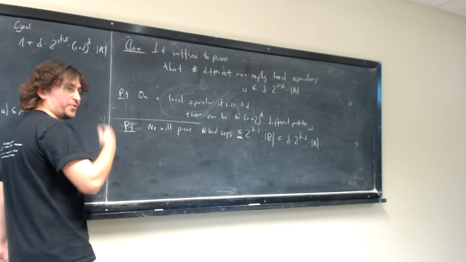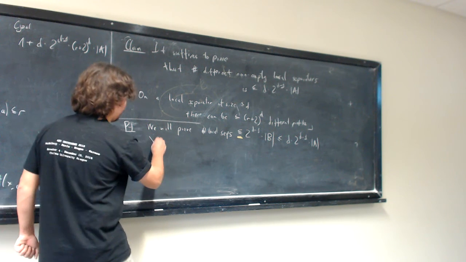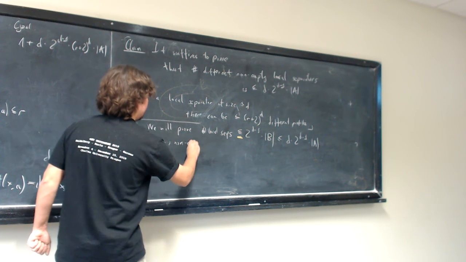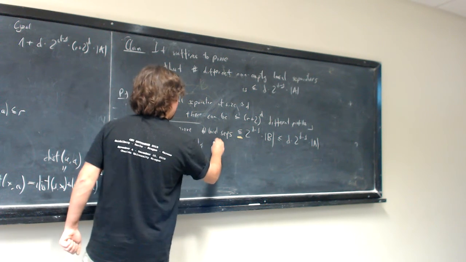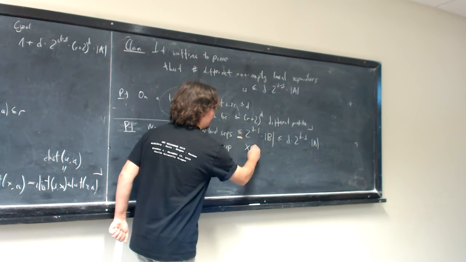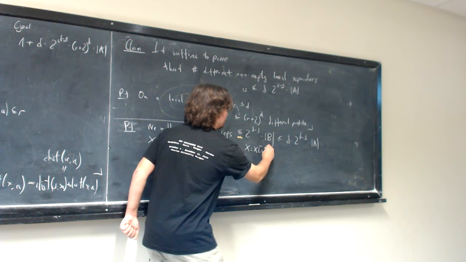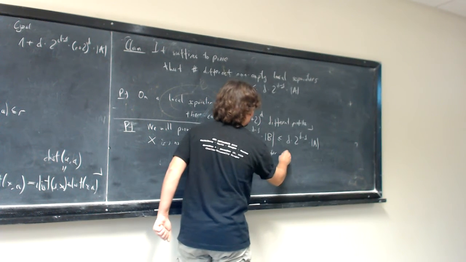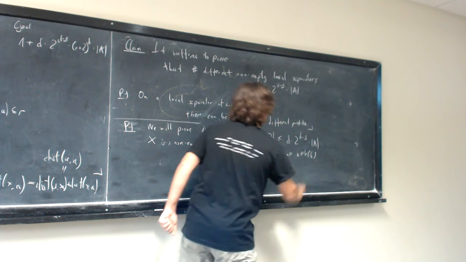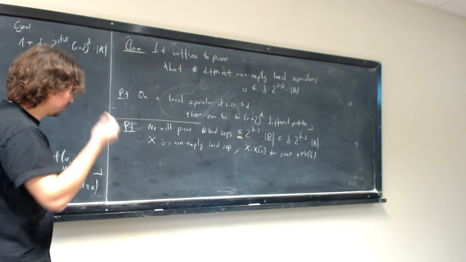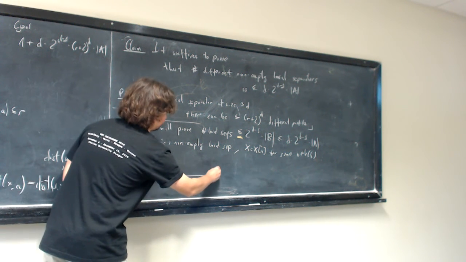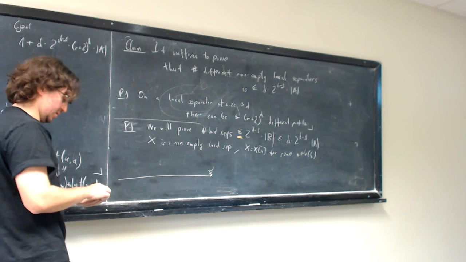Okay, so let me fix one local separator. Let's say that X is a non-empty local separator, which means that X is just X of u for some vertex u. So how does it look? Here I've got my sigma.